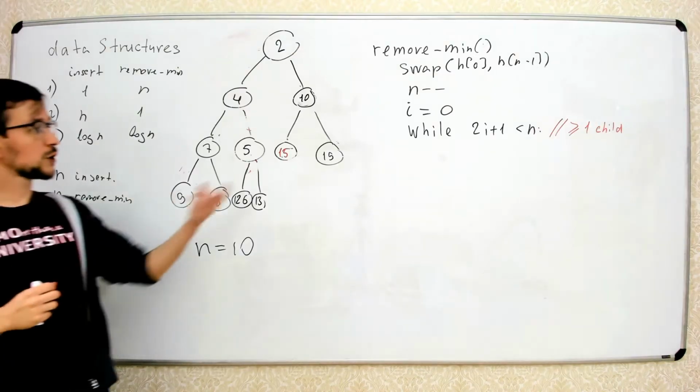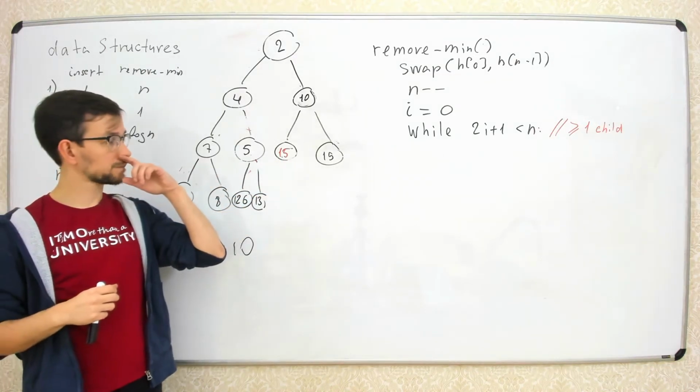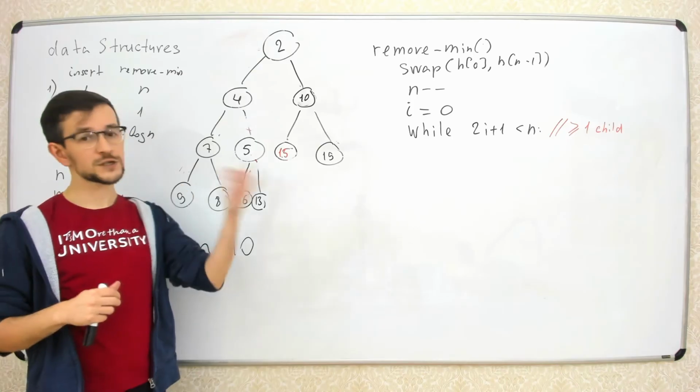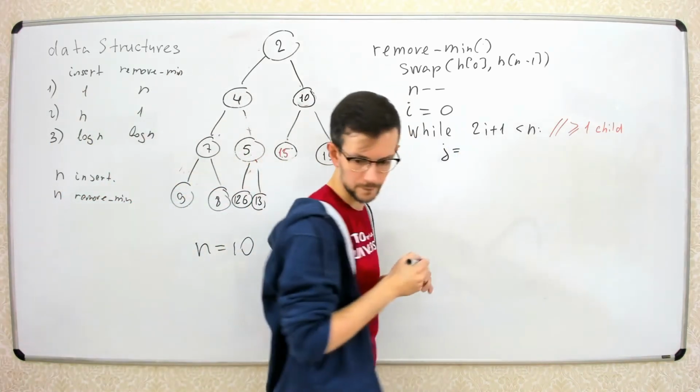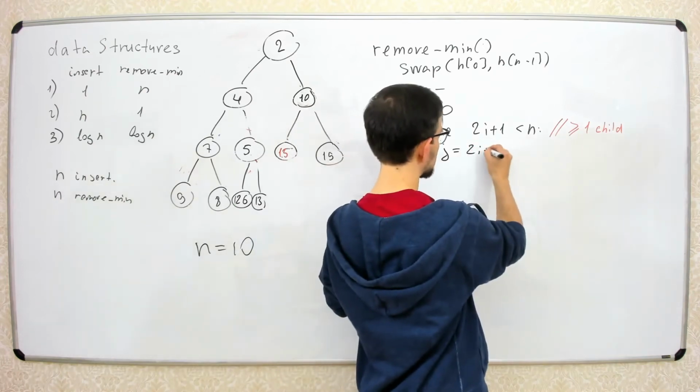Now, we need to take the minimum of these two children. Let's say j is the minimum of two children. So we say j equal to 2i plus 1.